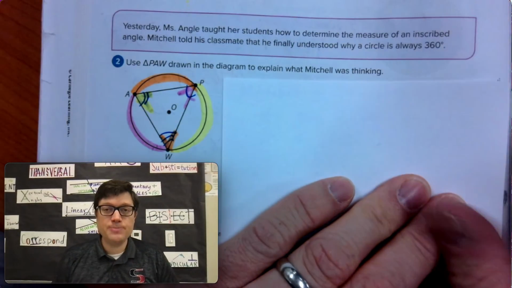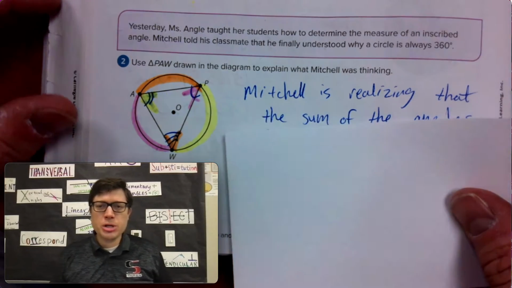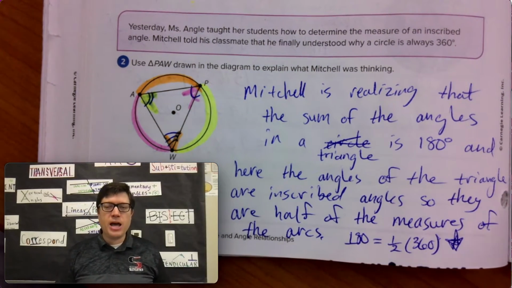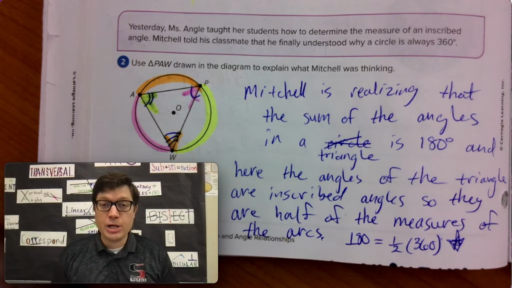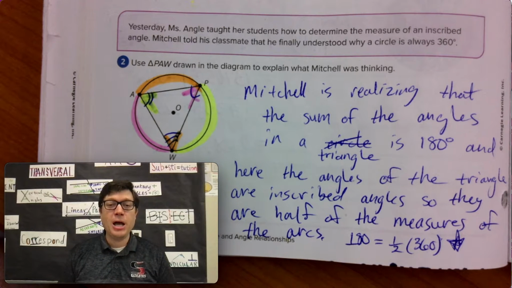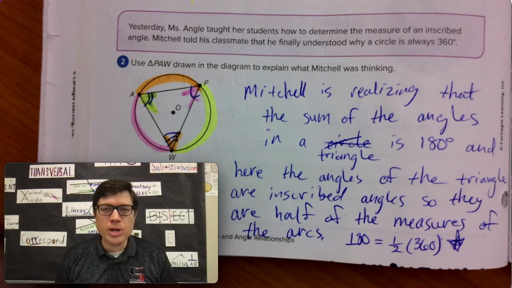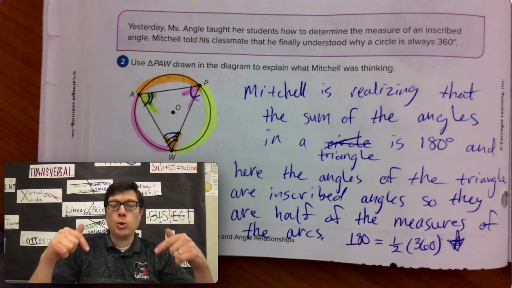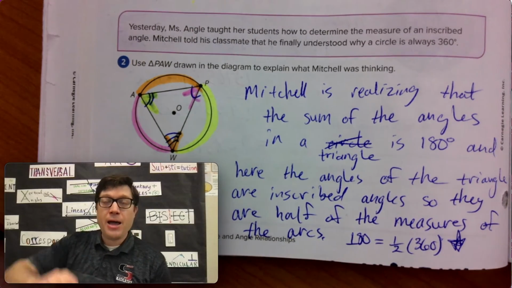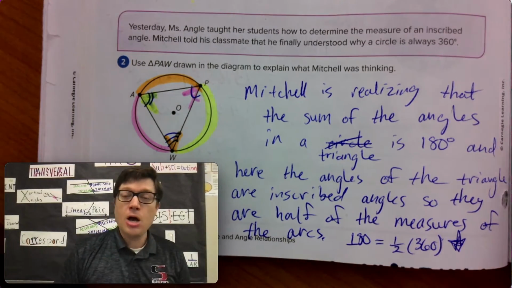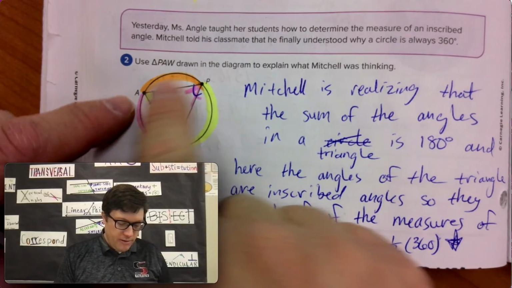Got that coloration? Let's use it. Mitchell is realizing that the sum of the angles in a triangle, not a circle, is 180 degrees. So angle P plus angle A plus angle W is 180. But these angles are drawn inscribed in the circle, so they, being inscribed angles, are half of the measures of these arcs.